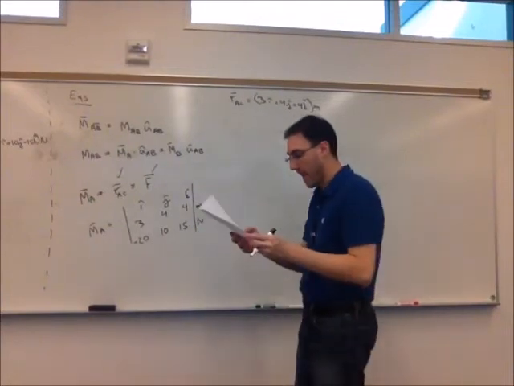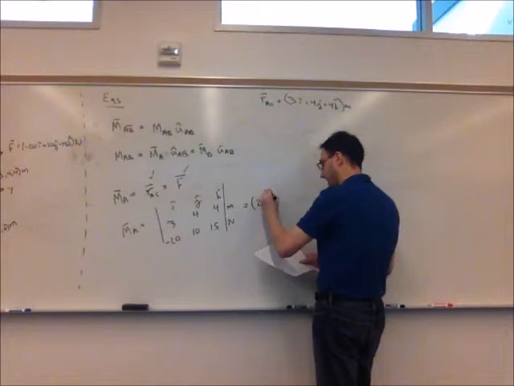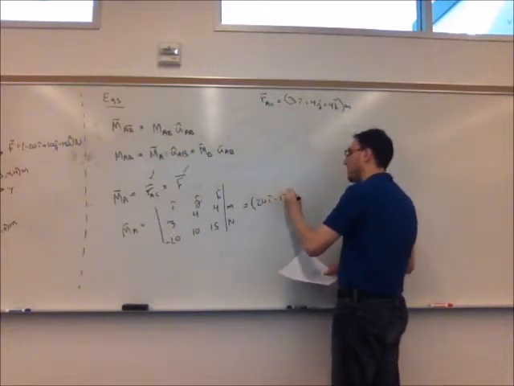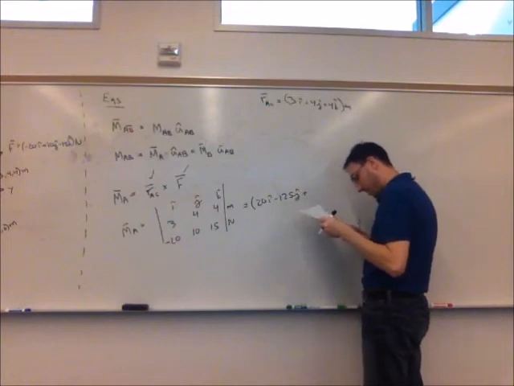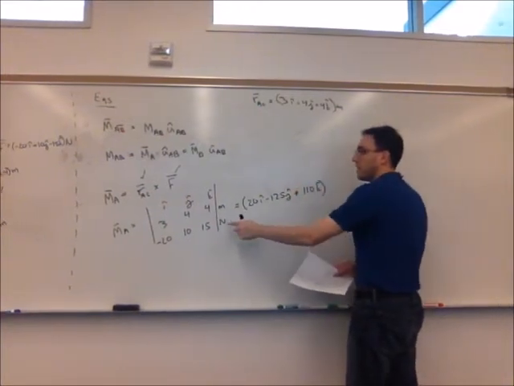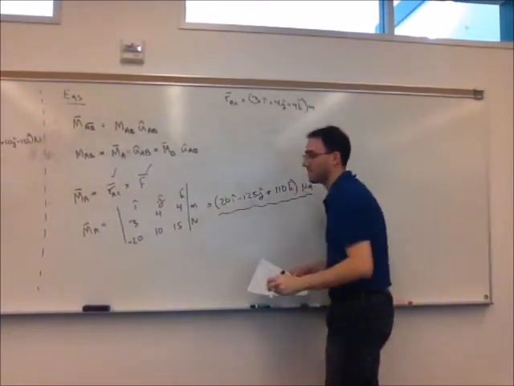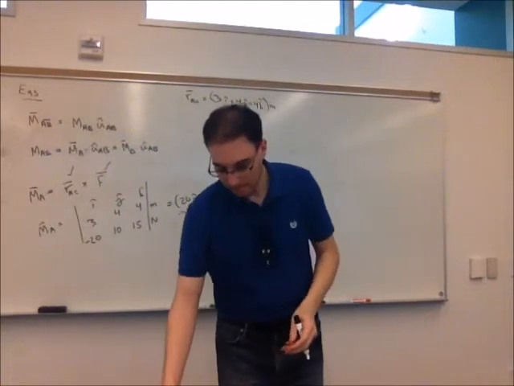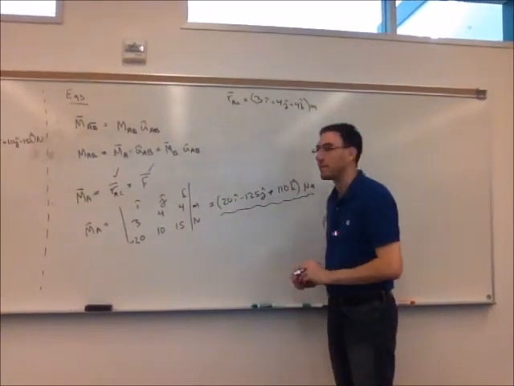But what you should get in the end is that the moment around point A is going to be 20i minus 125j plus 110k newton meters. Like we saw in the last problem, we're going to take this and put it aside for the moment.